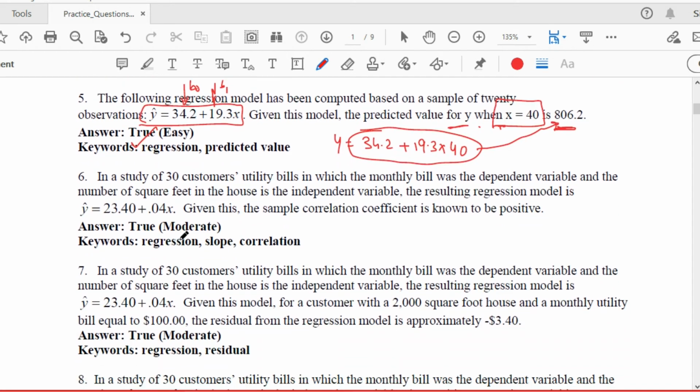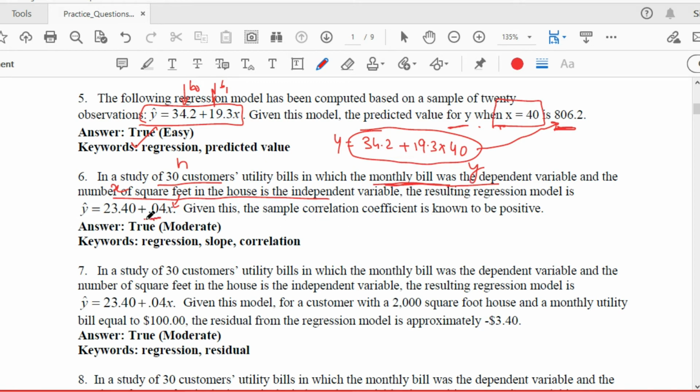In the same way, now in this question we'll see there are 30 customers, and there is a dependent variable. Monthly bill is dependent and number of square feet is independent. So this is your independent x, and this is y, this is n. Sample correlation is known to be positive.